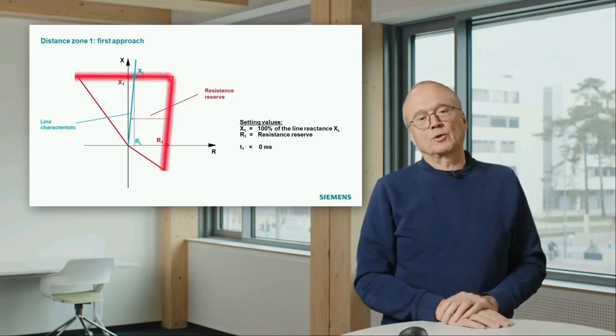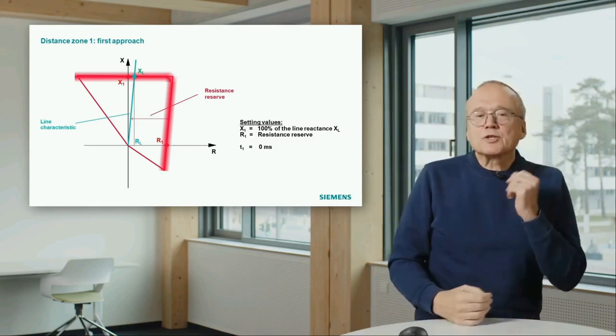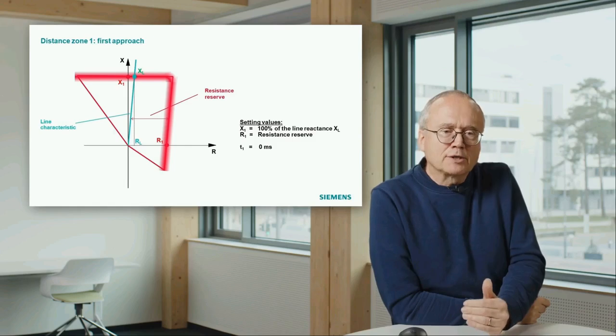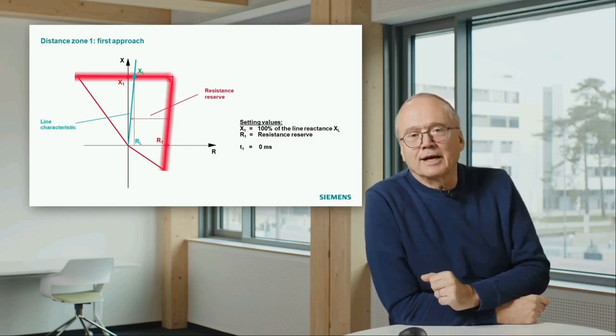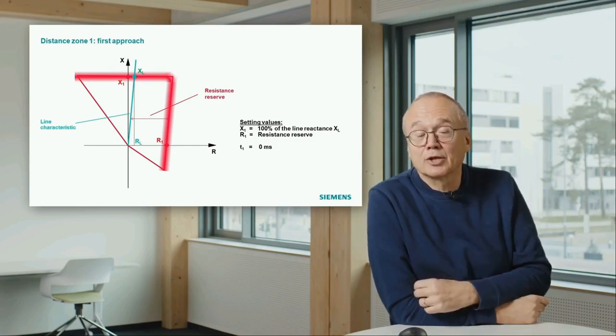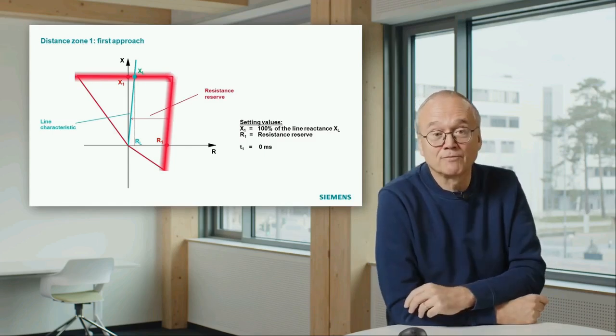And the same refers to the right limitation. And what is the result of that? If you have a fault just beyond your line, at the beginning of the next line, it can be seen inside the characteristic with our setting because of these measurement errors.